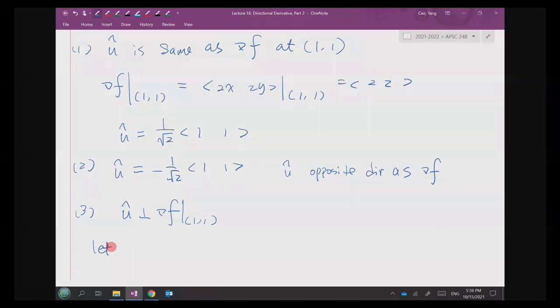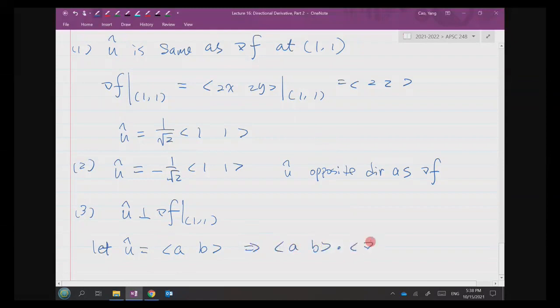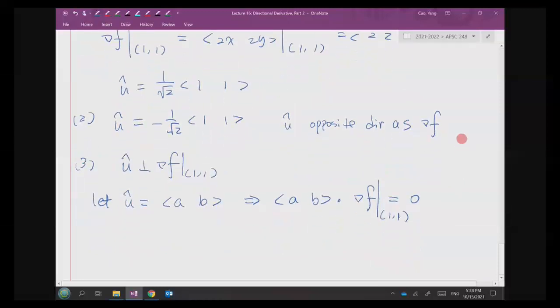I don't know what u hat is yet, so let's define u hat as (a, b). But what I do know is that the vector (a, b), the u hat vector, needs to be perpendicular to del F. Then (a, b) dot del F needs to equal 0.